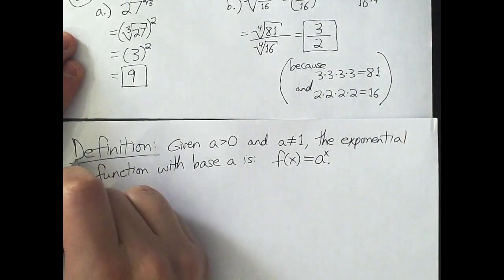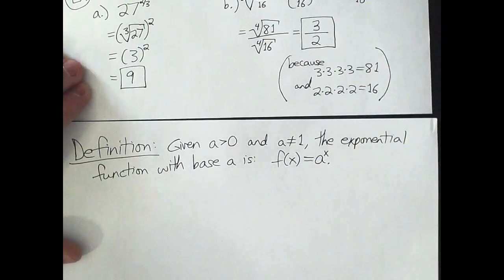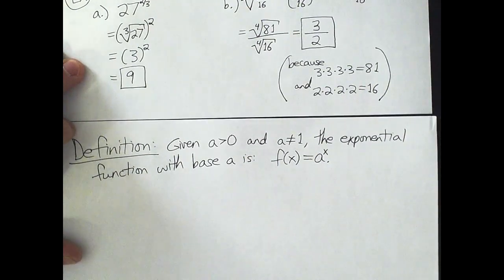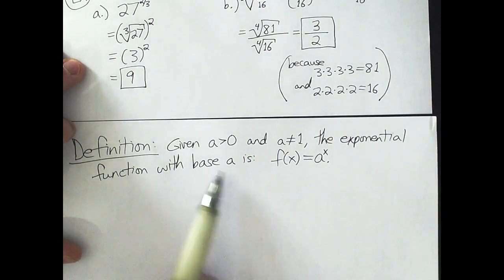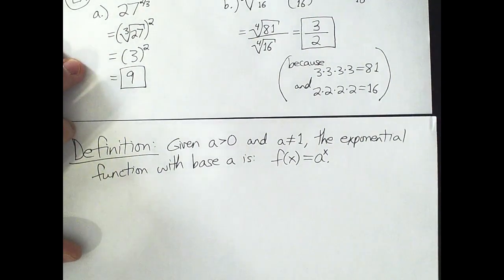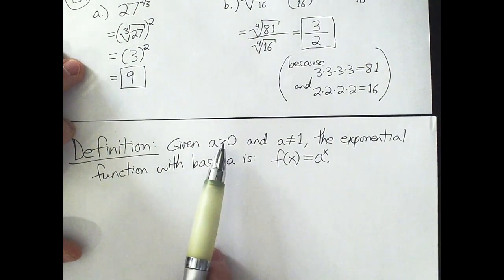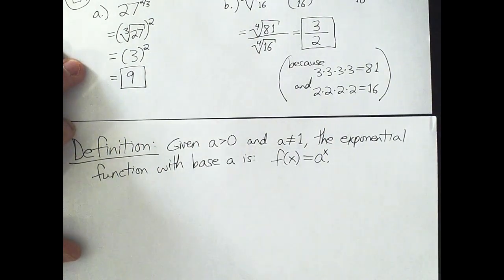And this is kind of like two definitions in one, because it's a definition for the phrase exponential function, but it's also telling us about this word base. The number a is going to be referred to as the base of the exponential function. And it says that the base needs to be positive and not equal to 1.